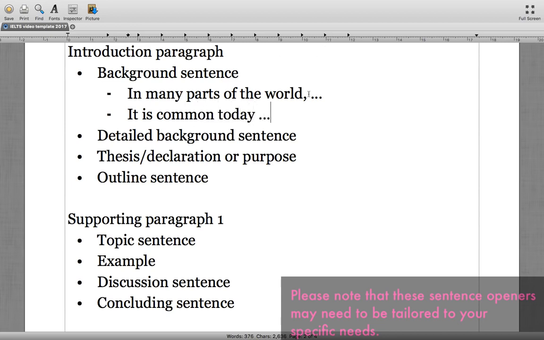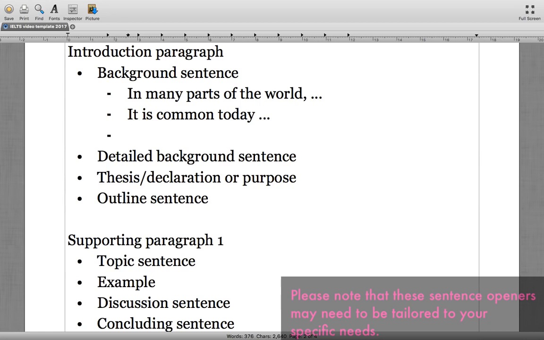And please note the commas. I'm conscious of including these or not including them. Okay, so that if you see it as common today, that would not be followed by a comma. Maybe many people today feel. Okay, so just sort of an opening statement that's quite broad and introduces the topic of the essay to the reader.